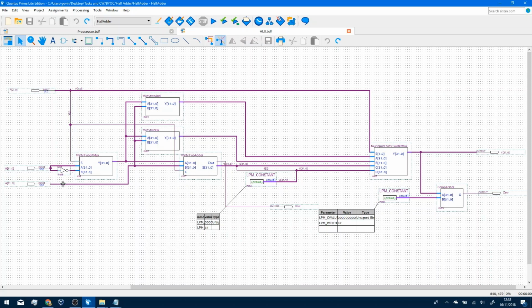The A input feeds into both of these blocks as well, of which the outputs are respectively A and B and A plus B. A and B then feeds into the A input of the 32-bit multiplexer, and A plus B then feeds into the C input of the 4-input 32-bit multiplexer, which then chooses its A input, so it chooses A and B, and then outputs A and B. So therefore, we have confirmation that when F is equal to 0, 0, 0, the ALU outputs A and B.